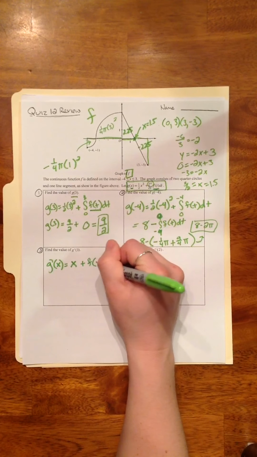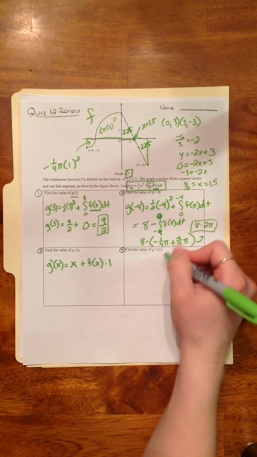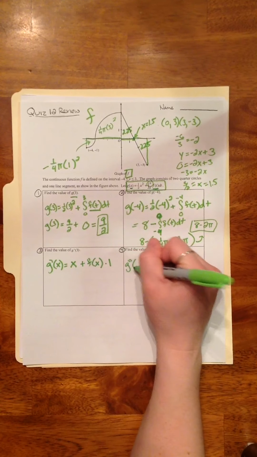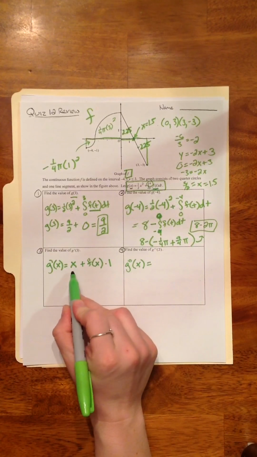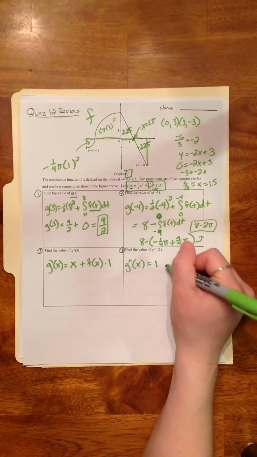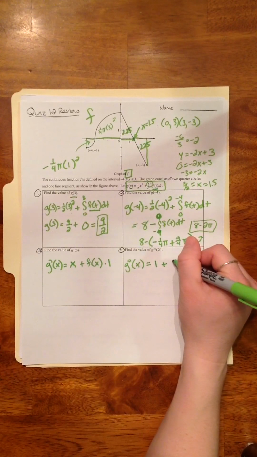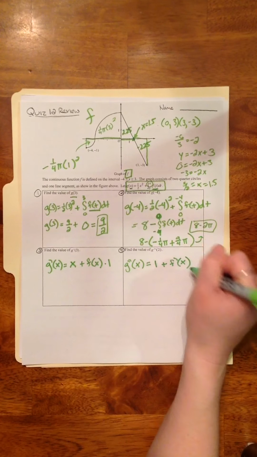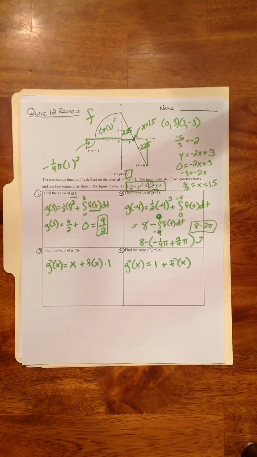So f of x, the derivative of x is just 1. If I go over here to g double prime, I'm going to say g double prime of x, I take the derivative of this part. So the derivative of x is just 1 plus, this is f of x, the derivative of f of x is f prime of x. This is the slope. Here is just the point on the graph.